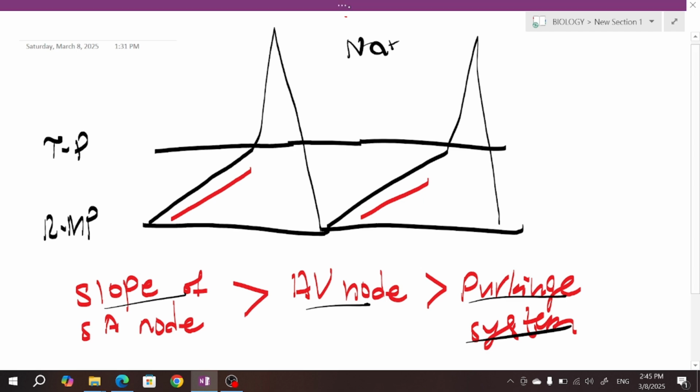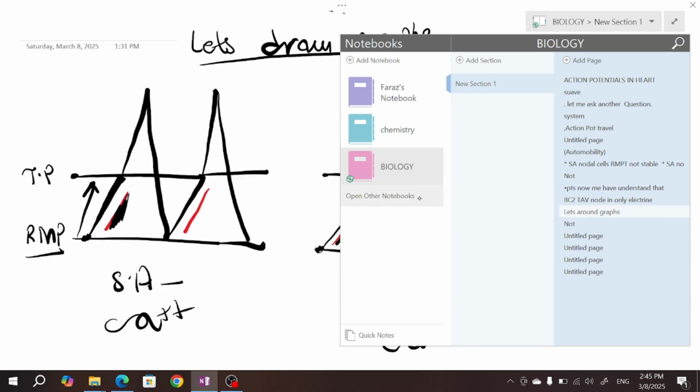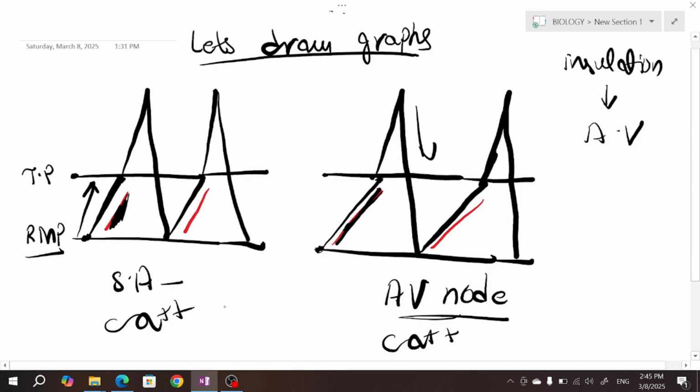Another point of difference: in the SA node, the plateau phase is absent. In AV nodal cells, again the plateau phase is absent.